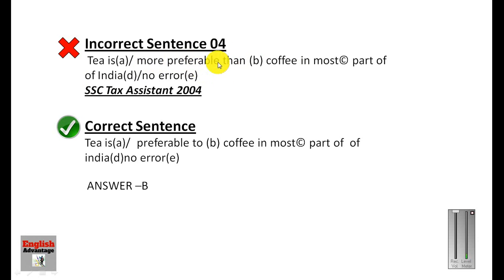So in this sentence there are two grammatical errors, you can say two wrong words. So in place of this more preferable than, you have to say preferable to only. Preferable to, because this is a comparative degree. So this is the erroneous part. So the answer would be B.